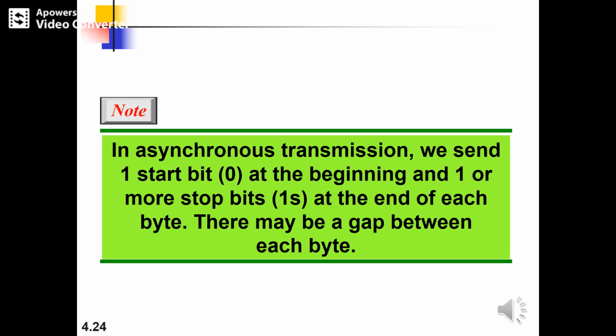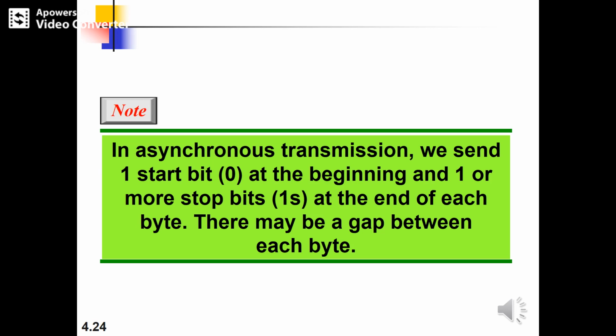In asynchronous transmission, we send one start bit, that is 0, at the beginning, and one or more stop bits at the end of each byte. For example, if you want to transmit 00000 and so on, I'll append one extra starting bit as 0 and the stop bit as 1, in order to differentiate the information.